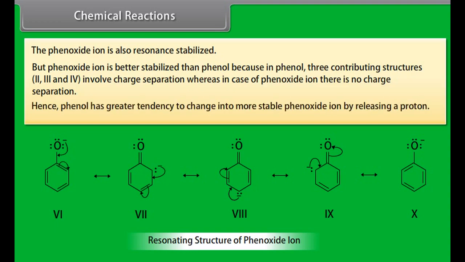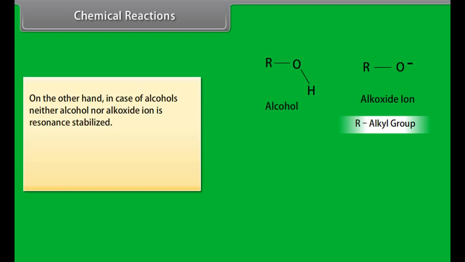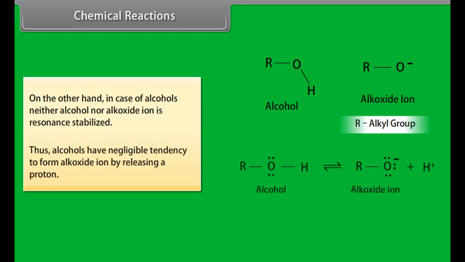Hence, phenol has greater tendency to change into more stable phenoxide ion by releasing a proton. On the other hand, in case of alcohols, neither alcohol nor alkoxide ion is resonance stabilized. Thus, alcohols have negligible tendency to form alkoxide ion by releasing a proton.